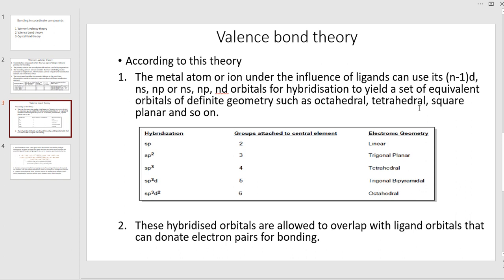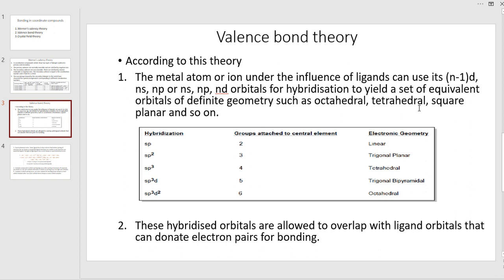Now the hybridized orbitals, I will explain each and every point. The first point is this: available orbitals, required number of orbitals mixed, right? And this is called hybridization.